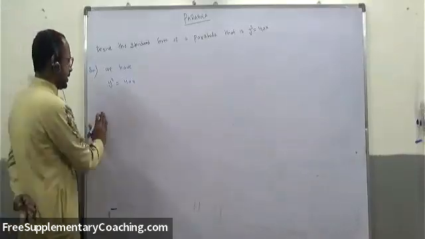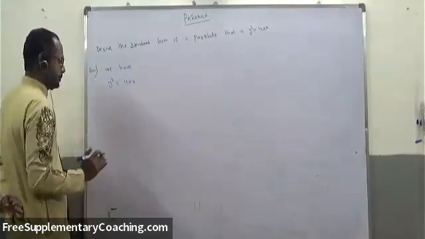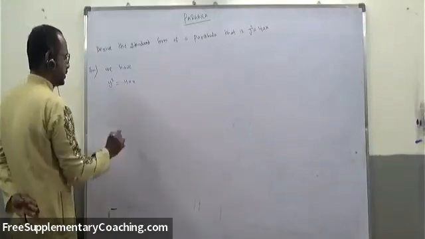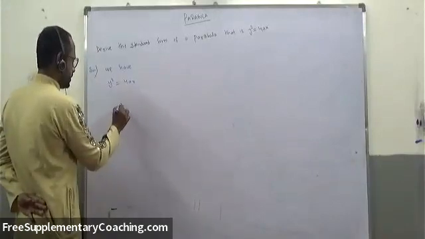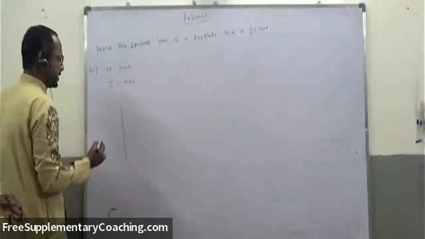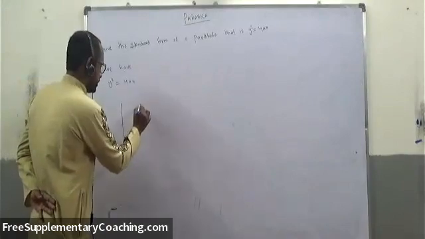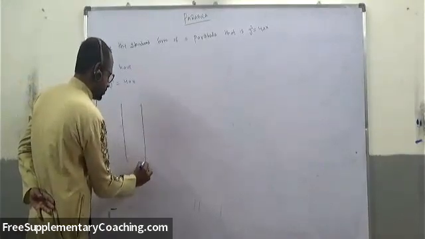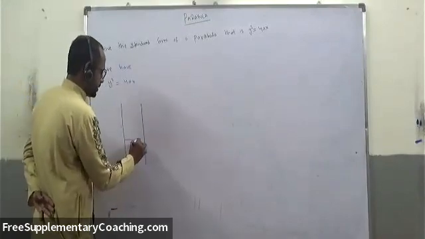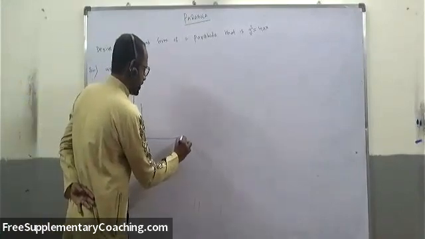First thing, I'm drawing the diagram here to prove this particular condition. Look at here. This is y-axis, or you can take directrix. This is y-axis, and this is x-axis.